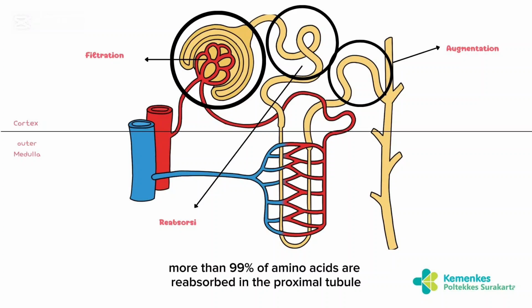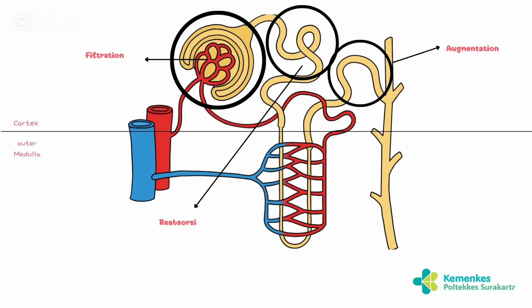More than 99% of amino acids are reabsorbed in the proximal tubule. Ions, sodium, Na+, potassium, K+, chloride, Cl-, and bicarbonate, HCO3-, are reabsorbed in large quantities. Water, reabsorbed by osmosis following ion reabsorption. This process produces secondary urine, which still contains some waste products that are no longer needed by the body.